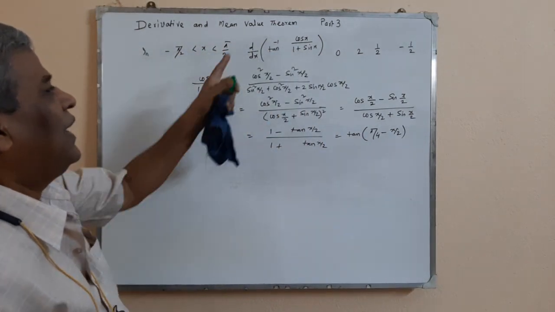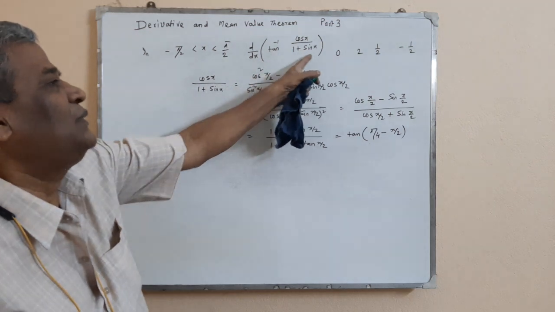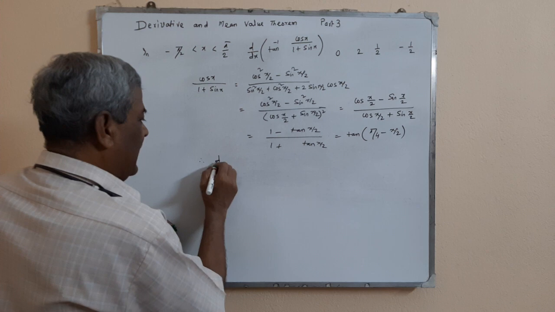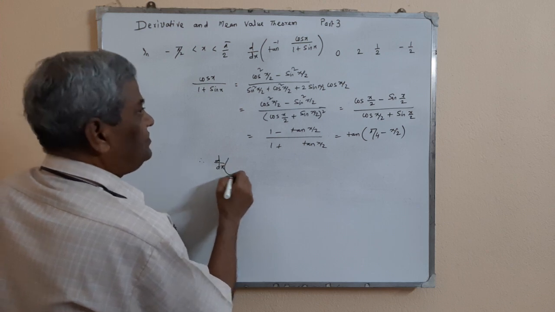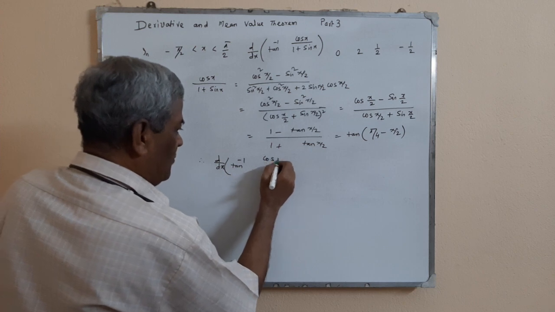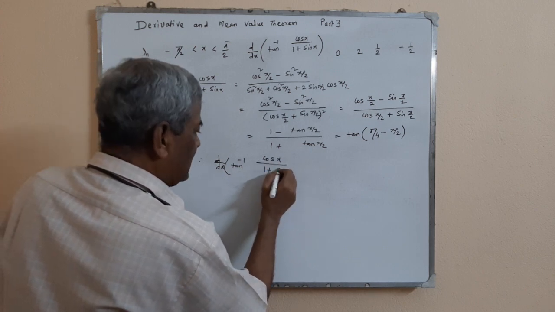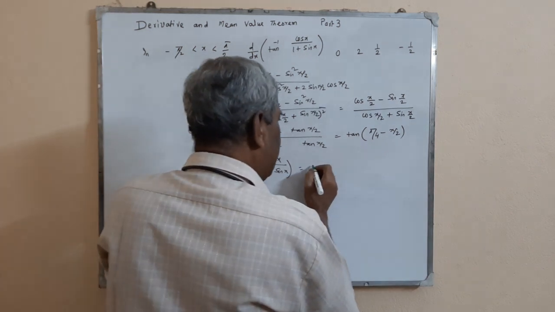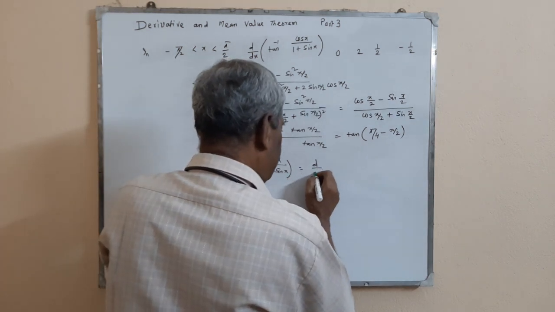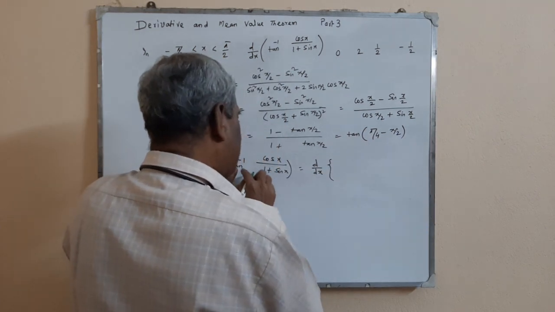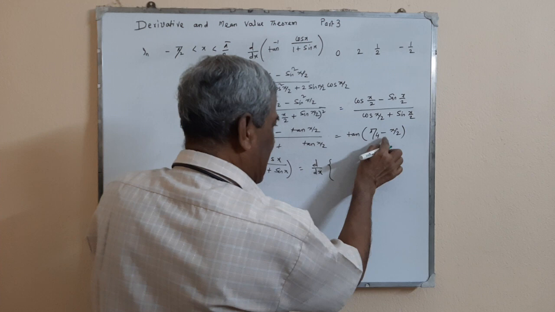Now the given function is this, we have to differentiate that. Therefore d/dx of tan inverse cos x by 1 plus sin x is equal to d/dx of tan inverse of tan of that.